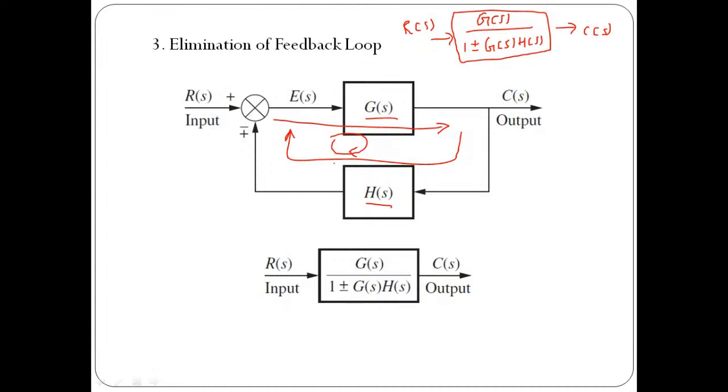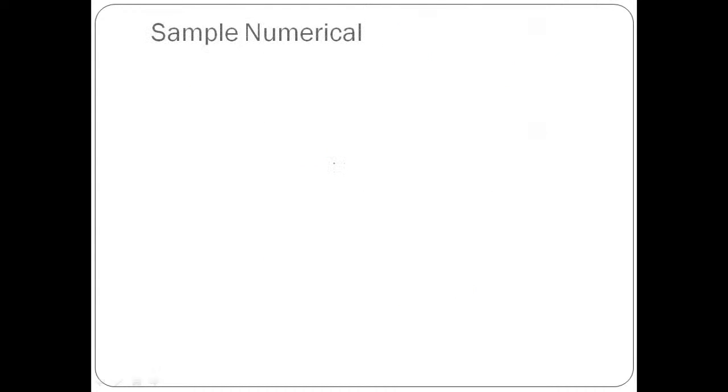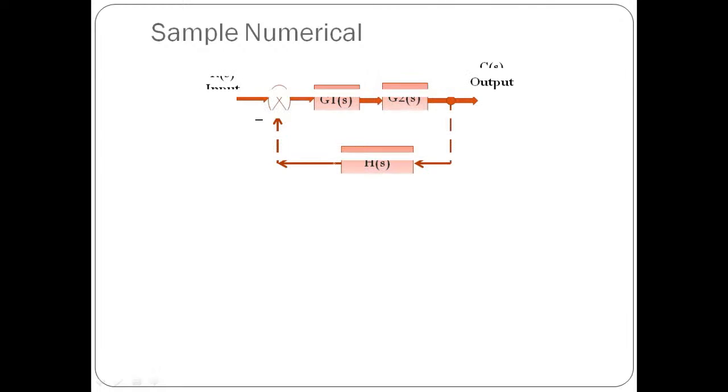So if you have done with this, now let us move by solving a simple numerical based on the rule that we have learned so far on block diagram reduction technique. It is a very simple numerical.